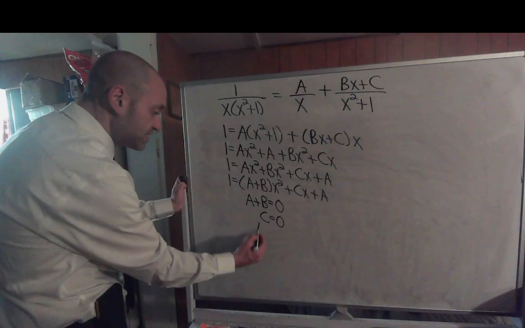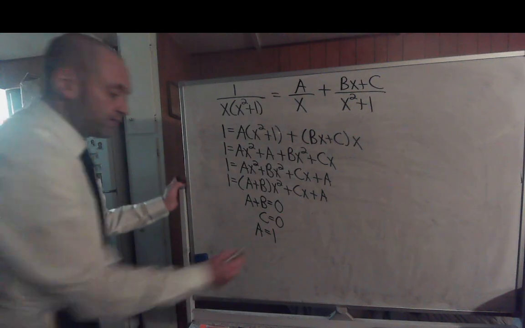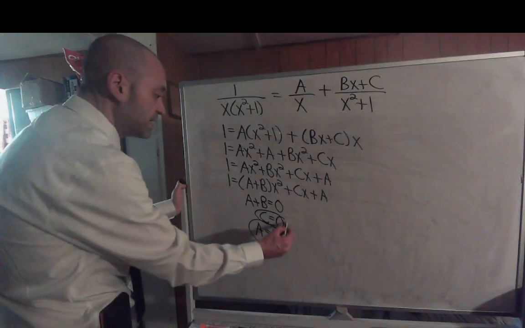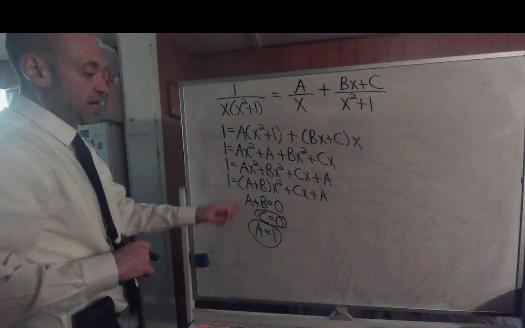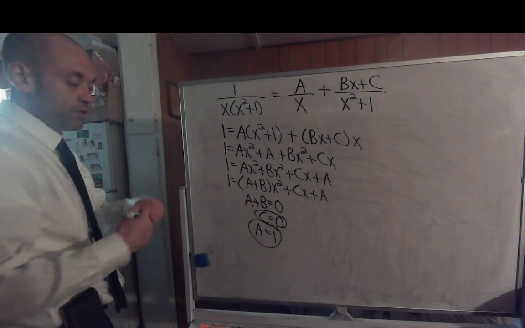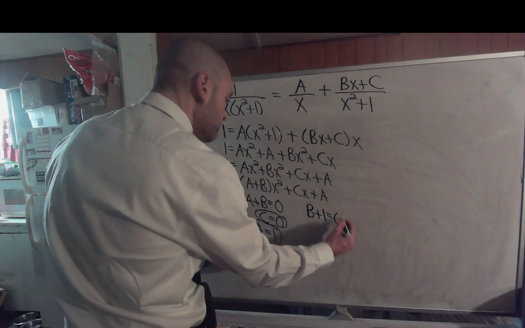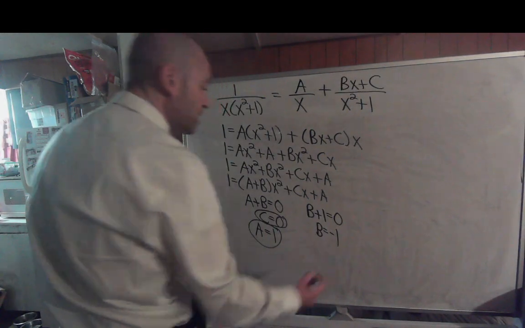And then a is the constant term, which would be 1. So we have a right away. We know c is 0. There's nothing we can do with that. But then you'll end up having a plus b. You could put in a for and solve for b. So you get b plus 1 equals 0. So b would equal negative 1.